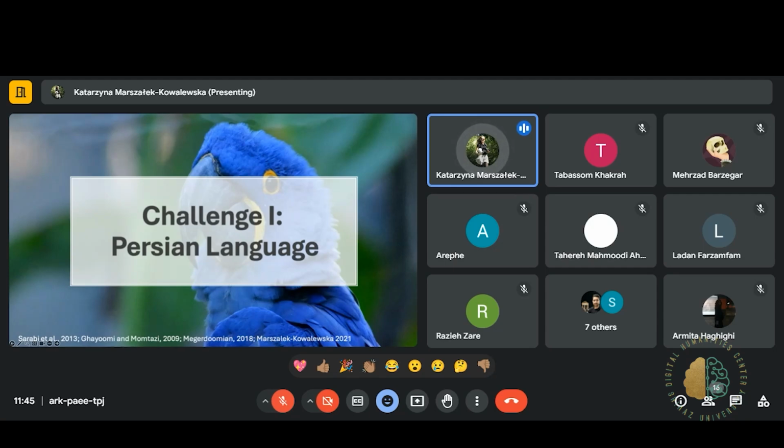These are the main resources I was using. Generally, the references for this lecture consist of more or less 20 pages. I didn't put them in the presentation. So if some of you are interested, please send me an email, or I will share it with either Megzat or Armita, and then you can access all the references as well.